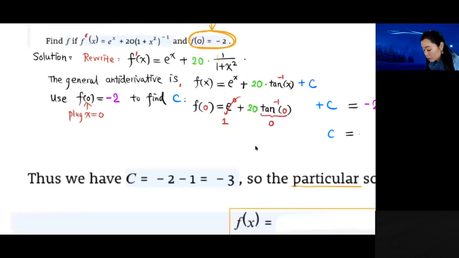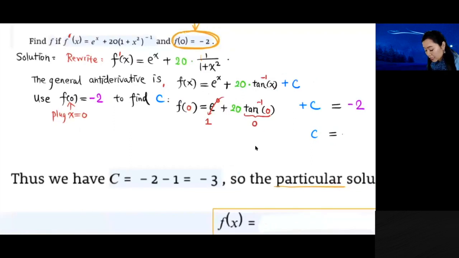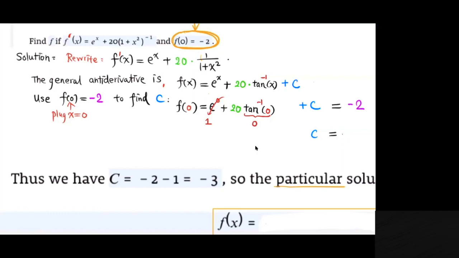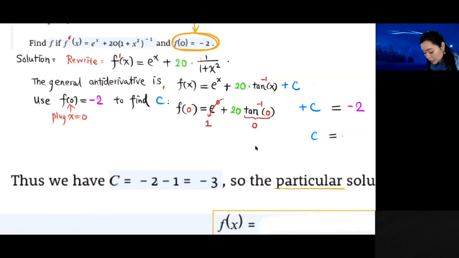So you get 1 plus 0 plus c, and that's equal to -2 because f of 0 equals -2, remember? So you get 1 plus 0 plus c equal to -2. So what does c equal to? Anyone? -3. Yeah, you got it. Okay. c is equal to -3.